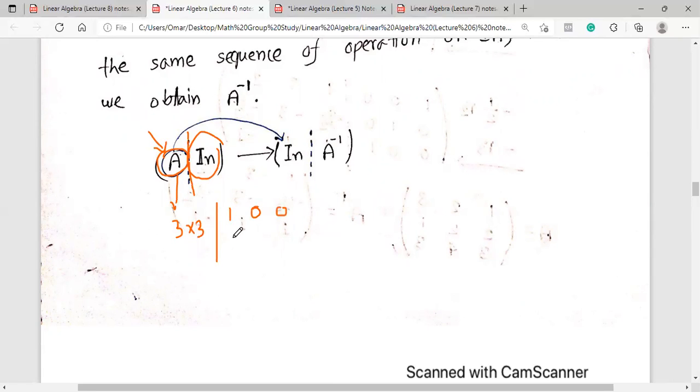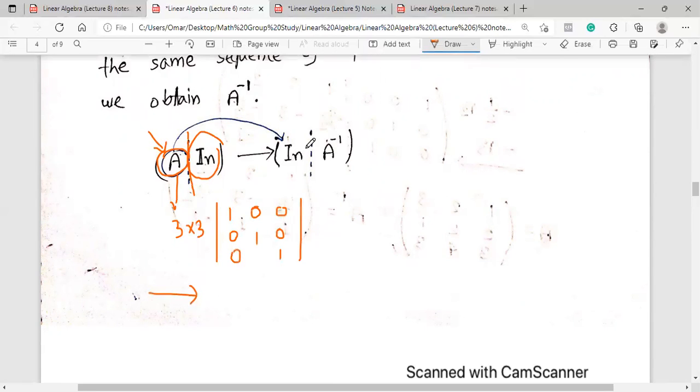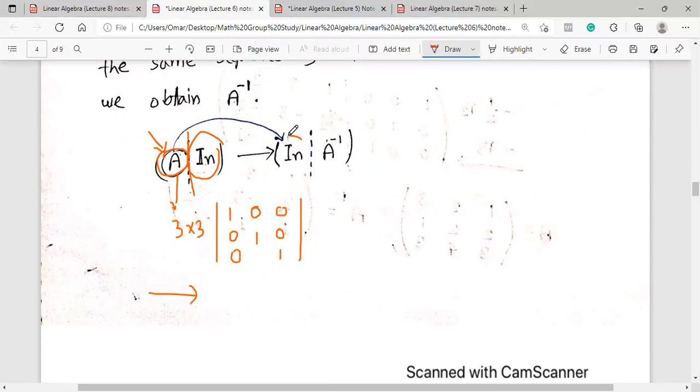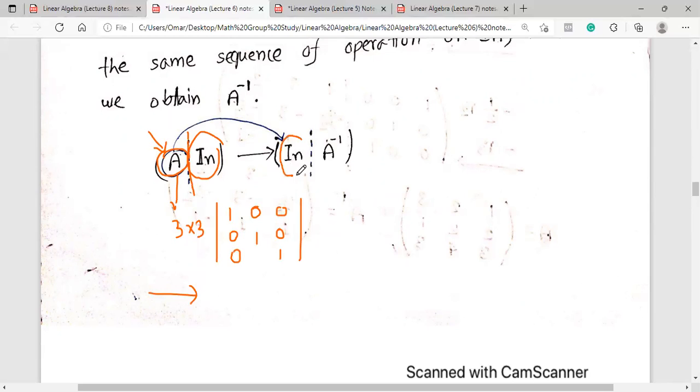Then we have to convert this into a 3 by 3 identity matrix, and on the right side there will be our inverse matrix.